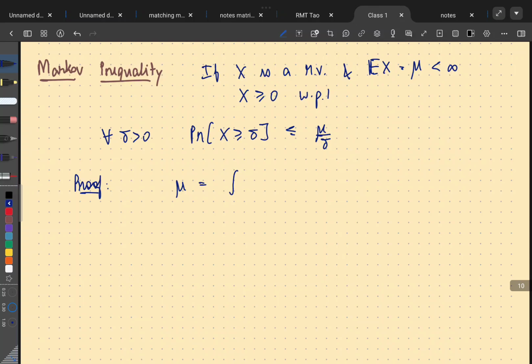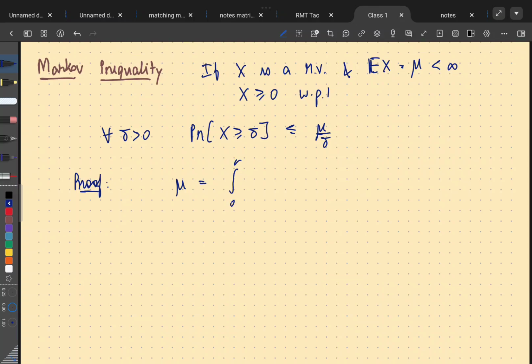All right. So what is the mean equal to? It's equal to integral from 0 to infinity of x times fx of x dx. Good. So I can split this integral into two parts: one that goes from 0 to delta, and the other that goes from delta to plus infinity.